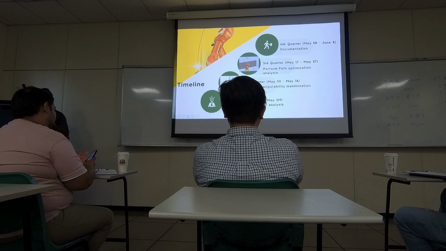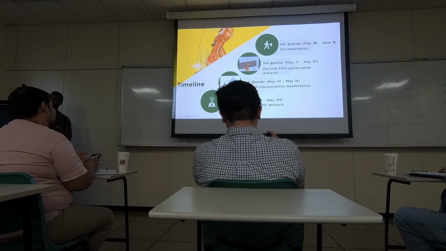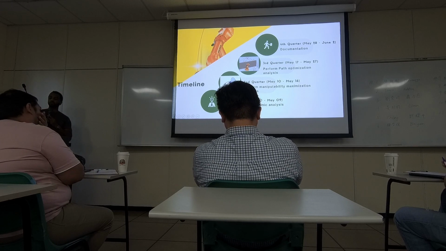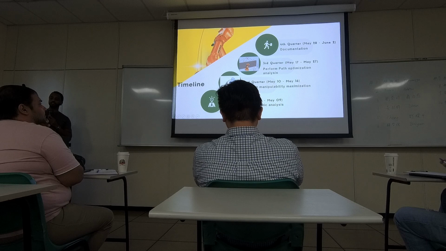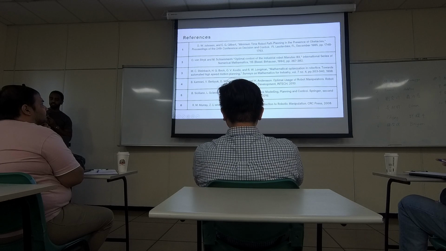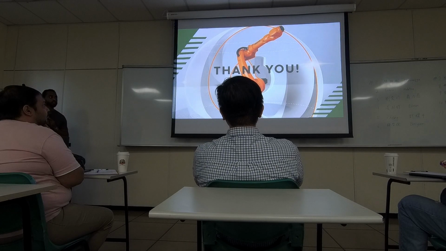In the third quarter, we will perform path optimization analysis, and finally we will document our results in the fourth quarter. These are the references that we have used to prepare the proposal. That's all. Thank you.